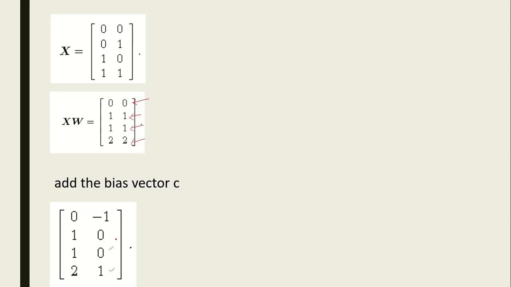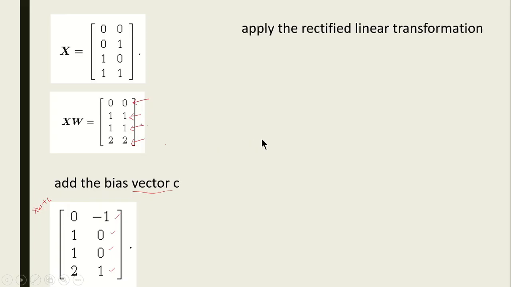So when we add the bias vector, we will get it like this. This is xW plus c. That is a linear transformation we apply to x. This is a linear equation.